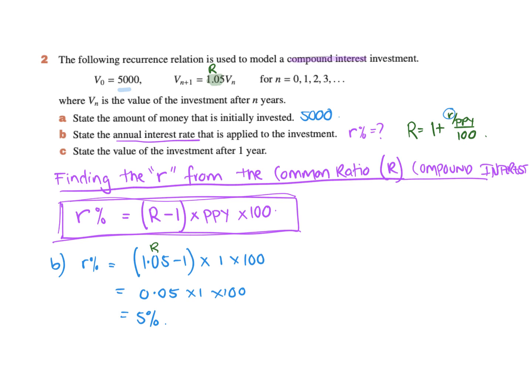You'd want to type this whole bit into the calculator. Then you times it by the PPY. Because this one was just a yearly investment, I only had to times it by 1, and then I times it by 100. So you'll end up with the little r being 5%.